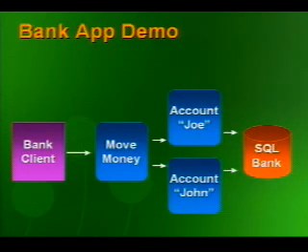So this is a familiar sample which we have been shipping for quite a while. When flow returns back from move money to the bank client, then COM+ services will automatically commit the transaction for us.